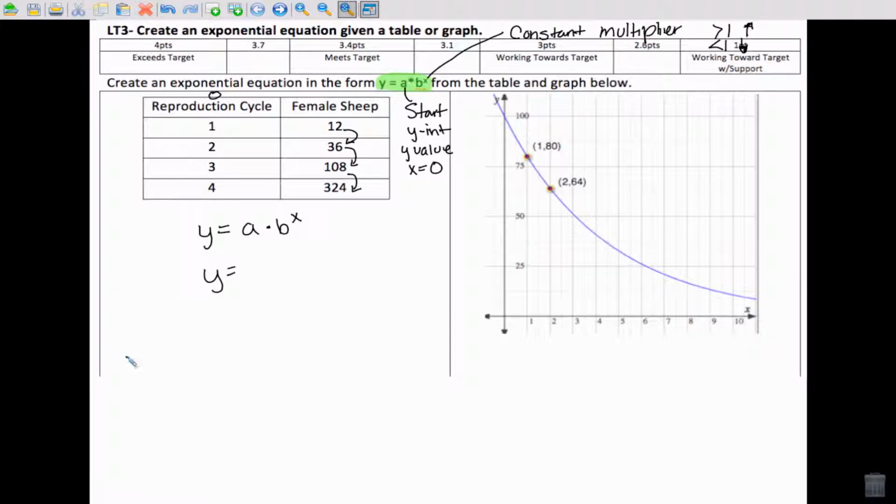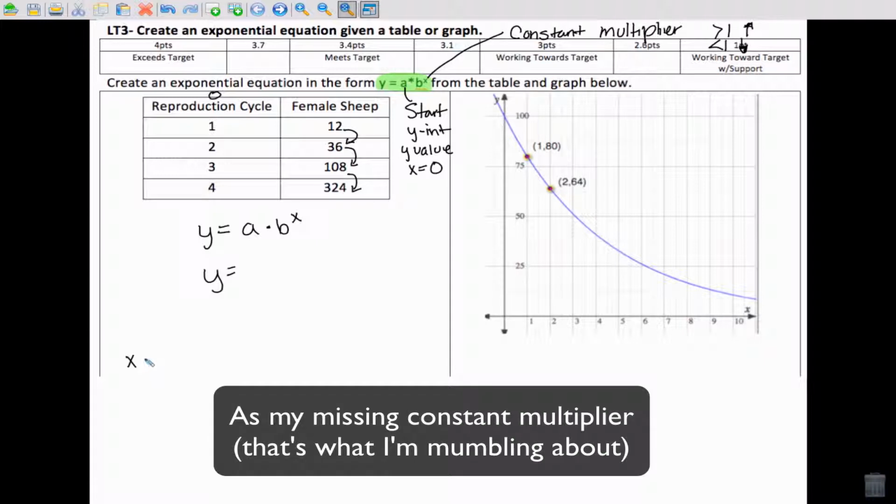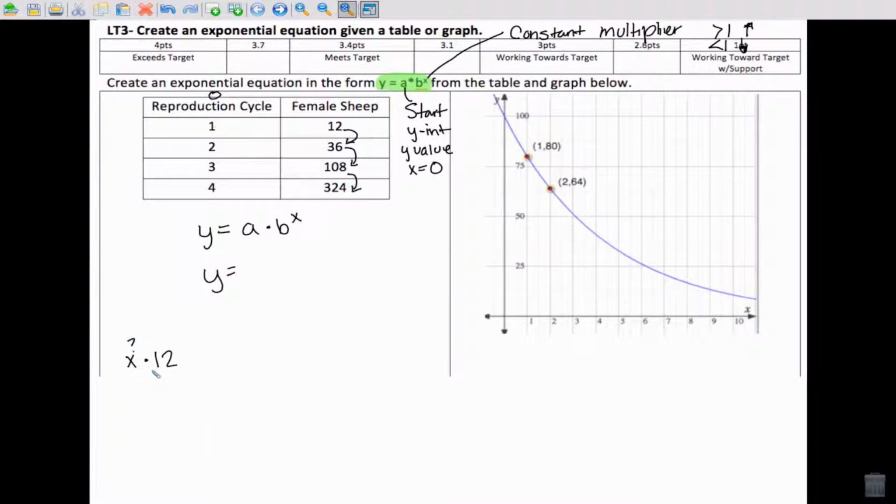If I'm going to use x as my unknown, what am I multiplying 12 by? So 12 times some number x to get to 36. What am I multiplying 36 by to get to 108? So then, how can I solve for these?